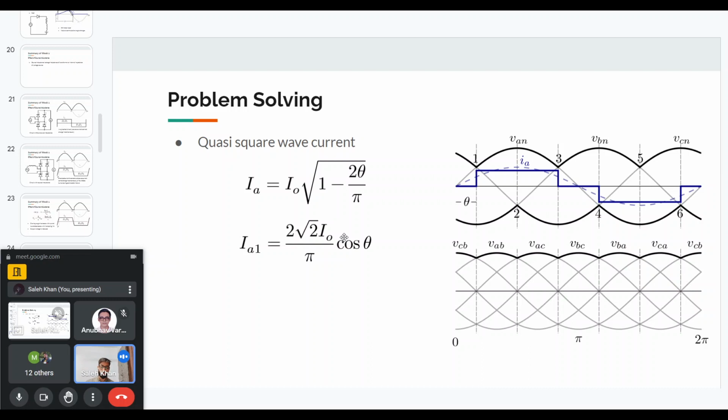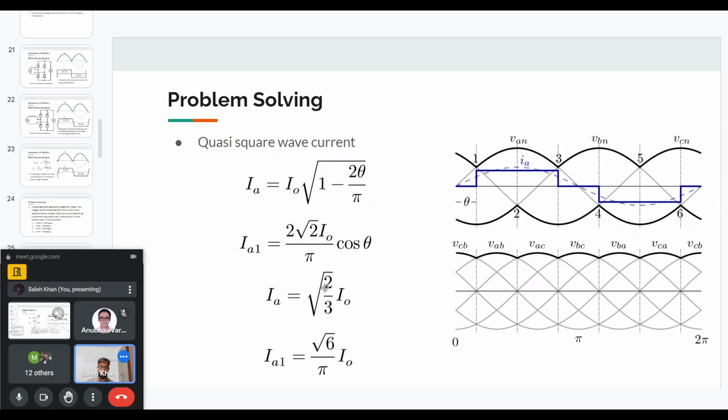If you put 30 degrees in theta, you will get the RMS value of the A phase current as root of 2 by 3 times the load current, and the RMS of the fundamental is square root of 6 divided by pi times the average load current. So this is the RMS of the full current as well as the fundamental current.